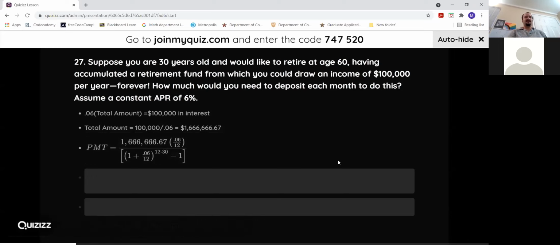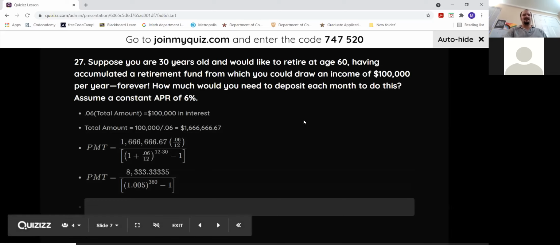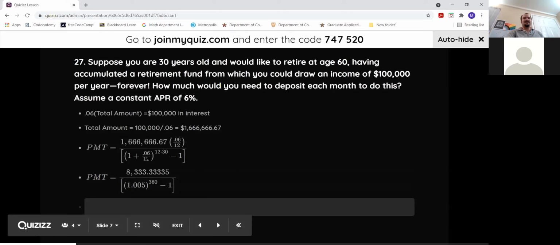I know I have 6% interest, doing things monthly for 30 years, filling in all that information into basically this. That's just the formula. If we crunch these numbers on top, it gives me somewhere around 8,333.33335. I look at the bottom, I divide these two, it's giving me 0.005.